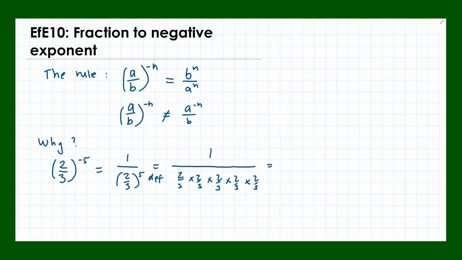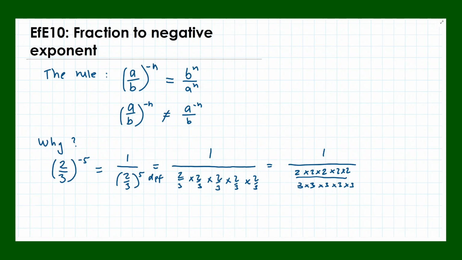Again, how do I multiply a fraction by another fraction? Multiplying the numerator by the numerator and the denominator by the denominator. So what I can do here, I can replace this as 2 multiplied by itself 5 times at the top, and then 3 multiplied by itself, sorry, 3 multiplied by itself 5 times at the bottom.